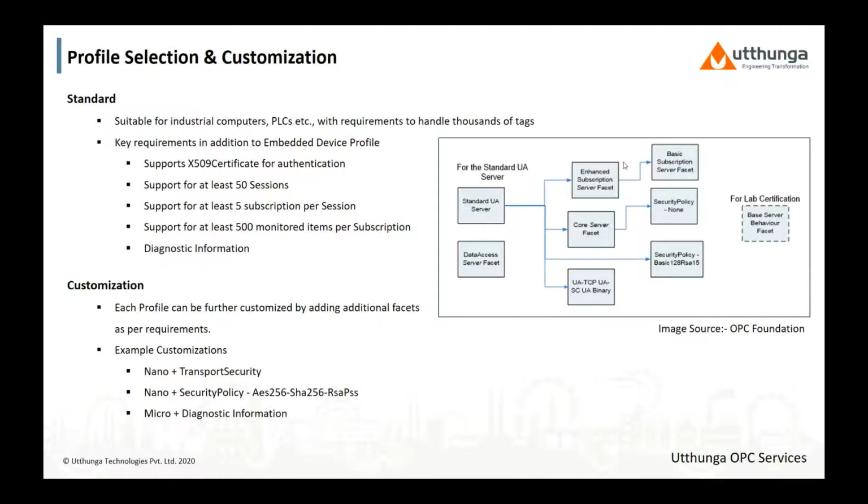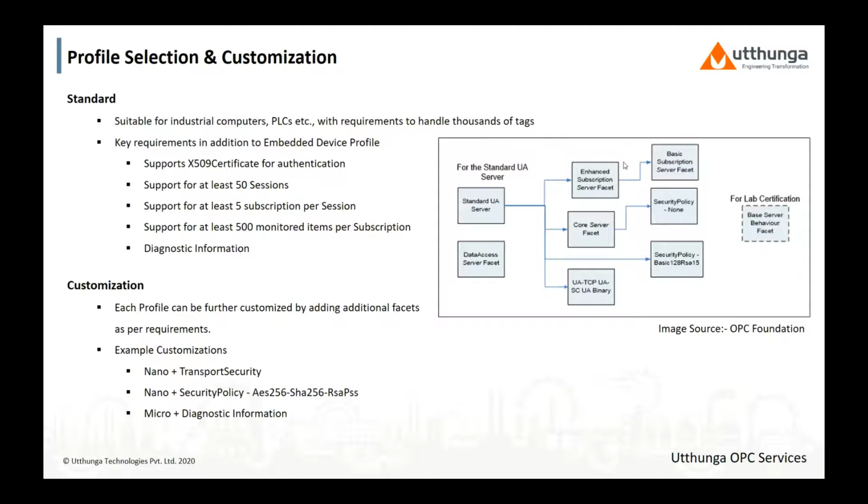And if you feel that any of these profiles are not specifically suiting your requirements, you can pick any of the profiles, or you can pick individual features to come up with your own customized profile. Some example customizations I have given here: nano profile plus transport security, because nano doesn't have security, or nano with complete, full-fledged security with encryption and everything.